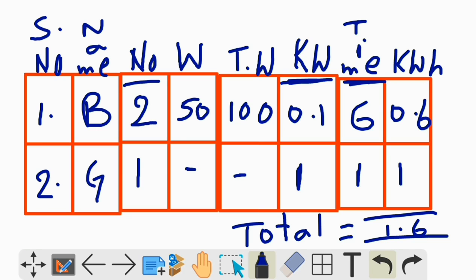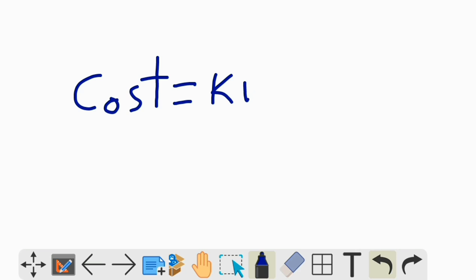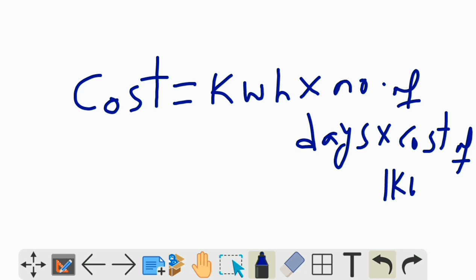Now what is the cost we have to find, for 30 days they told. So cost or bill will be equal to total kilowatt hour into number of days into cost of 1 kilowatt hour.